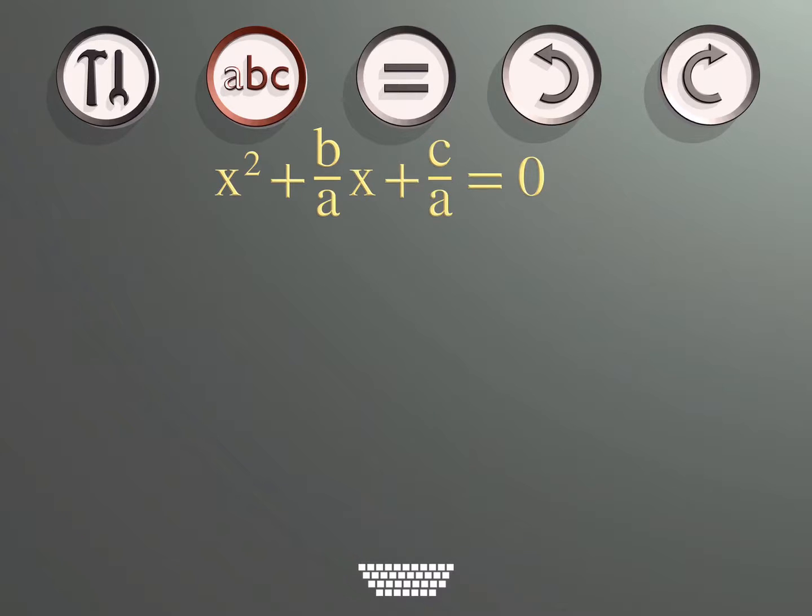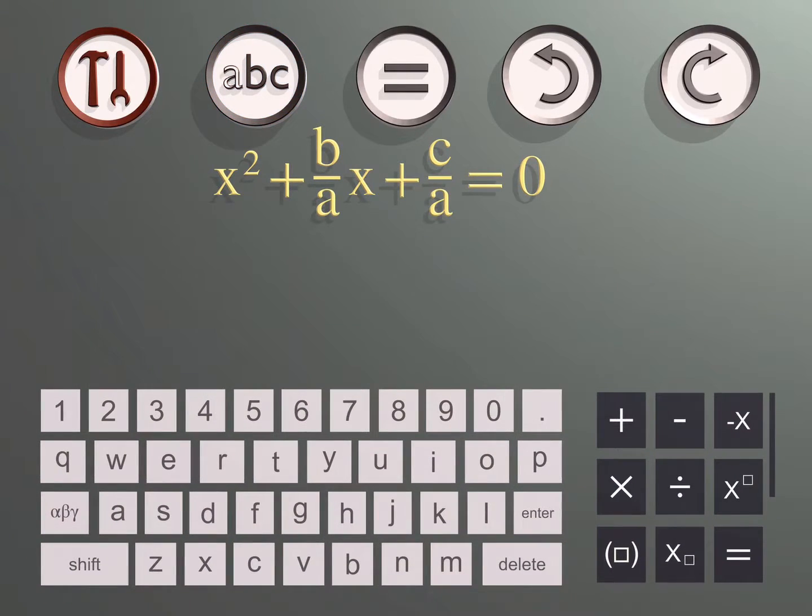Now, the strategy I'm going to take here is I want to show that the quadratic equation above can be put in the following form. I want it to take the form (x minus x sub 1) times (x minus x sub 2) is equal to 0.